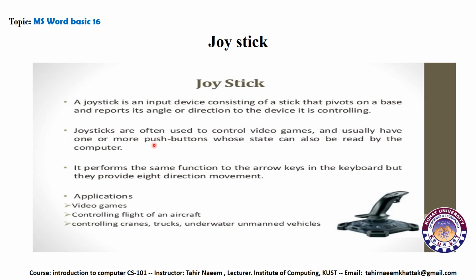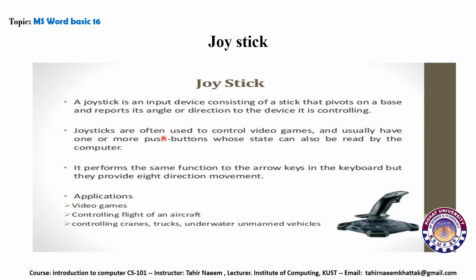Joystick. A joystick is an input device consisting of a stick that pivots on a base and reports its angle or direction to the device it is controlling. As you can see, this is the joystick, and here is the controller. The stick pivots, and whenever we move the stick here or there, these angles are used for controlling the input.